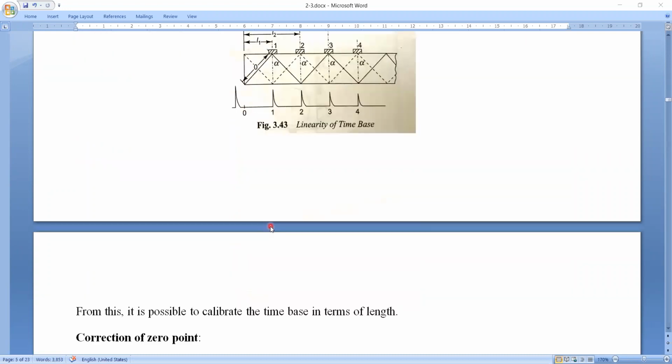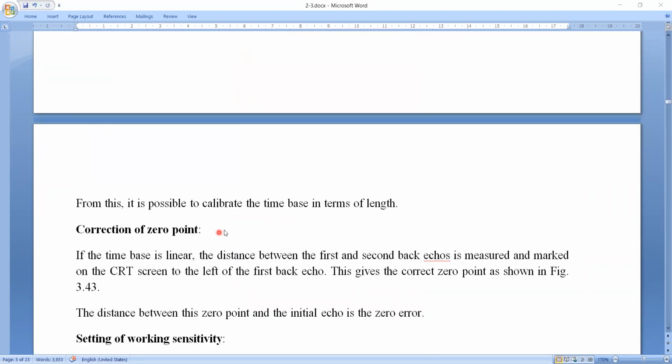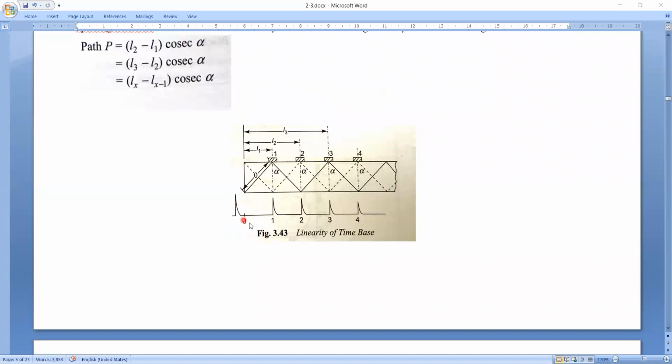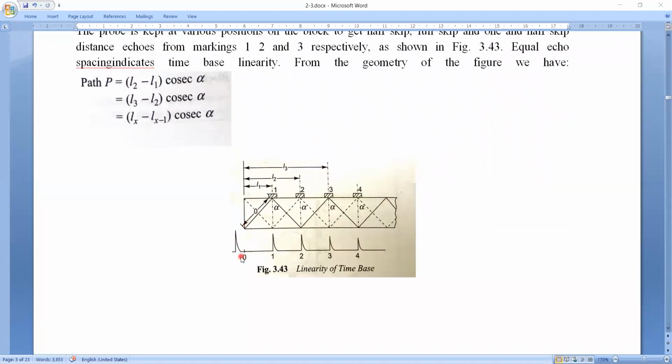Second purpose is correction of the 0 point. If there is an error in the 0 point, where we take the 0 reference on the CRT screen, and we have doubt, then we can check the 0 error by using this method. First is the beginning echo, then the second echo. We measure the distance between echo 1 and 2, and the same between 2 and 3.